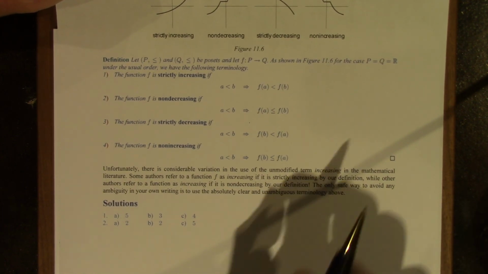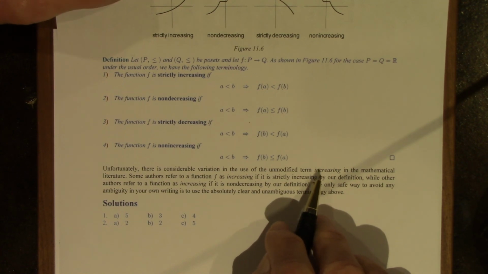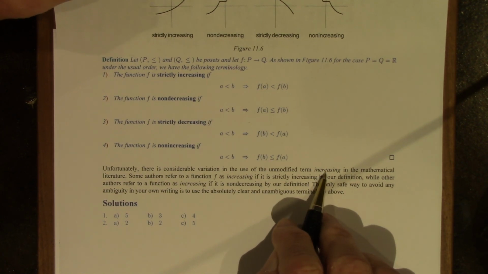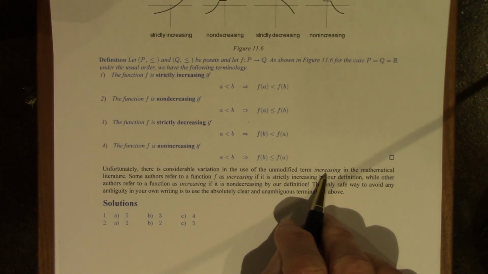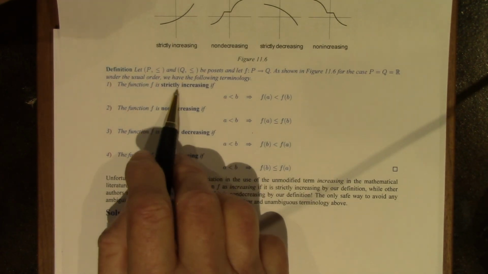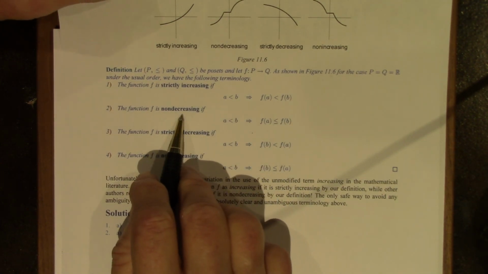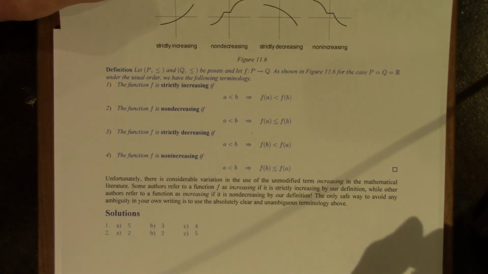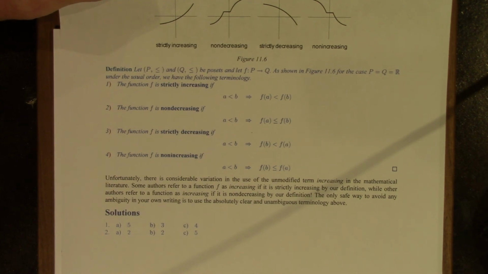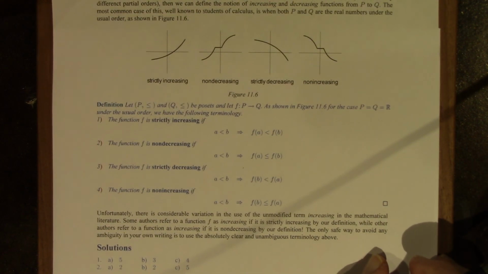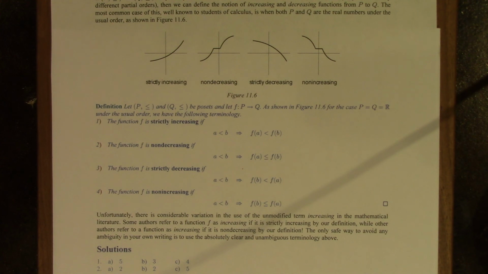Some authors will use the unmodified term increasing to mean strictly increasing. Some will use it to mean non-decreasing. So you have to be careful when you read other books, when you see the terms increasing or decreasing, to check and see what that means exactly.